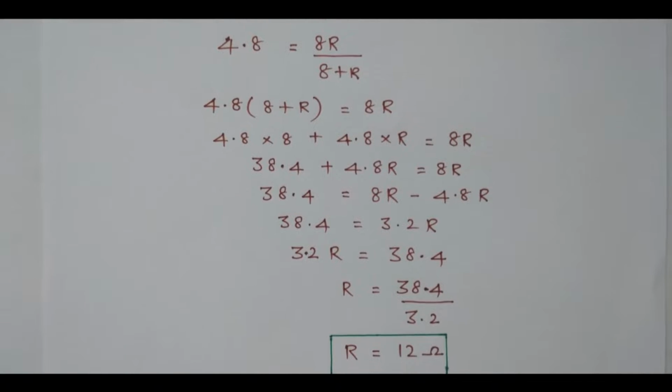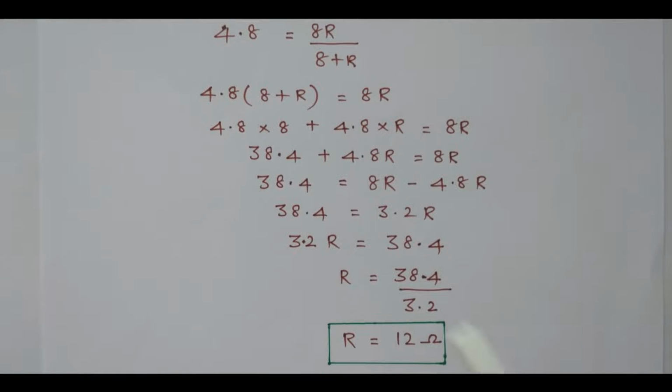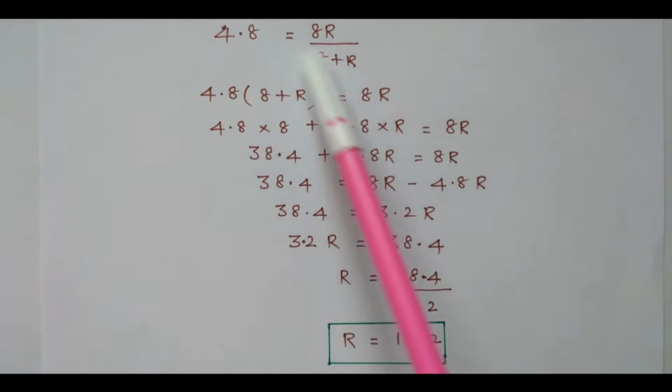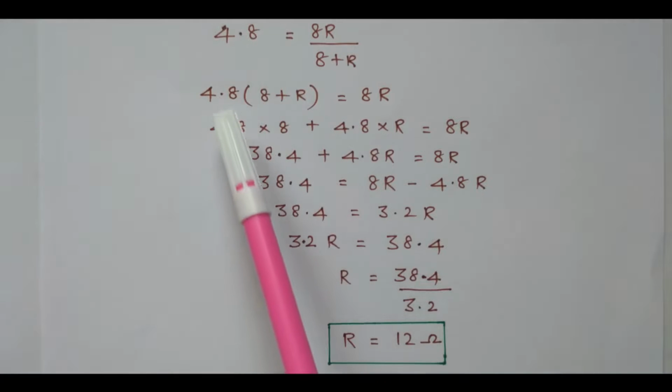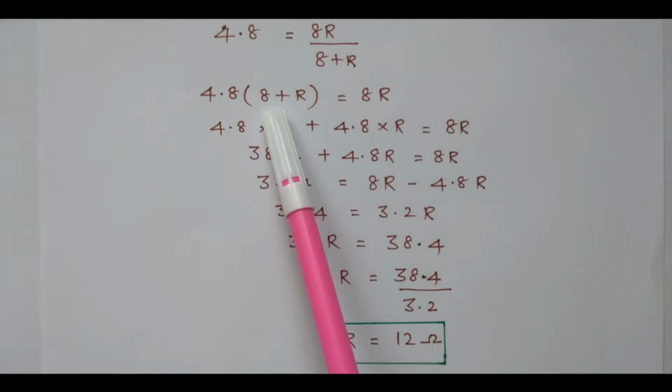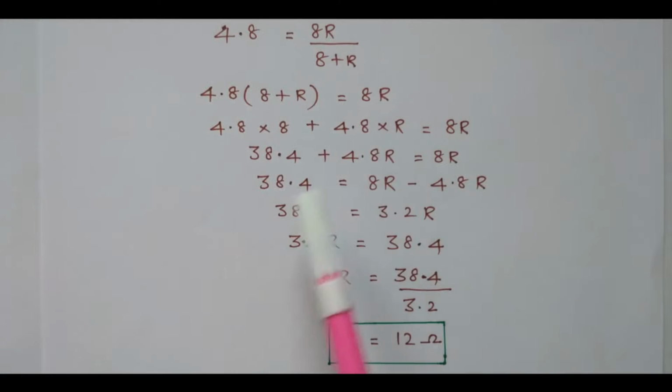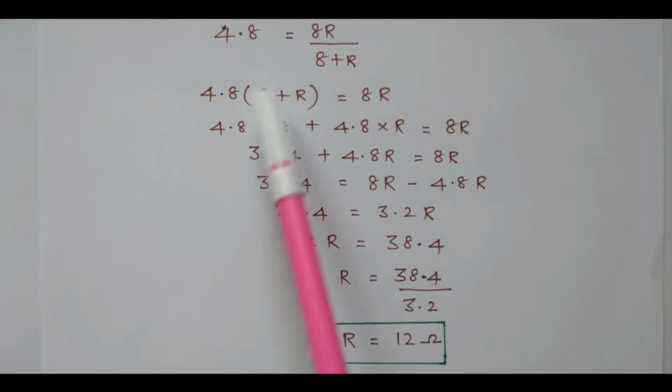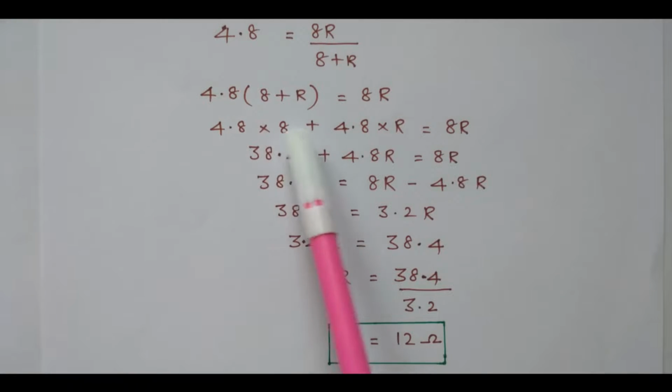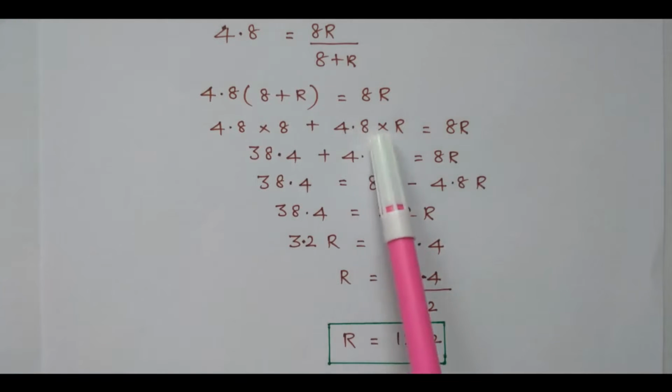Now we'll go for further simplification. Cross multiply, so that 4.8 into 8 plus R equal to 8R. Now multiply: 4.8 into 8 plus 4.8 into R, that is equal to 8R.